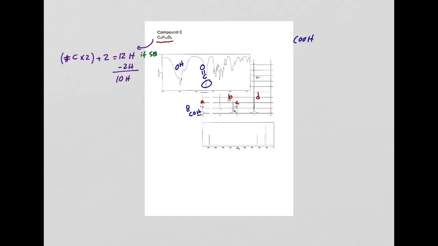I already knew that I had a carboxylic acid, but that's even better. What did I just write? Oh no, I was just testing you guys. Oh boy. There we go. Okay, that looks a little bit better.